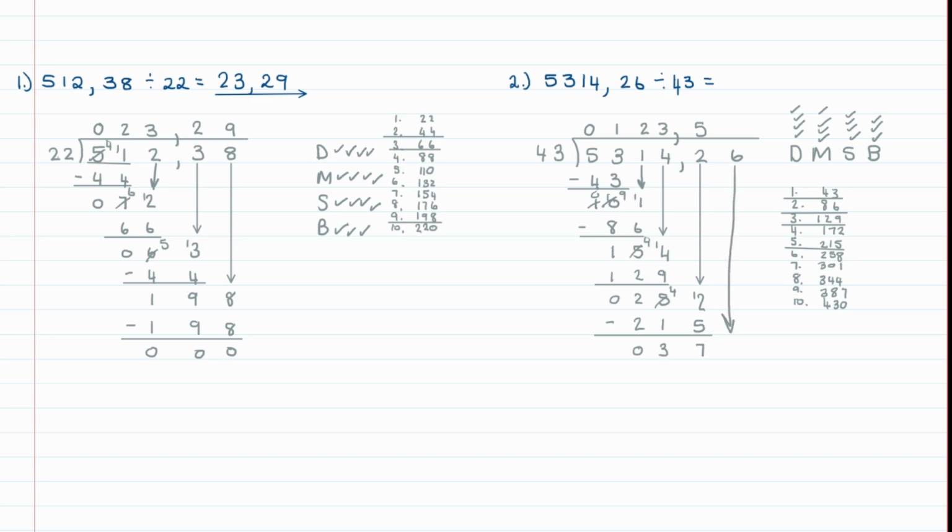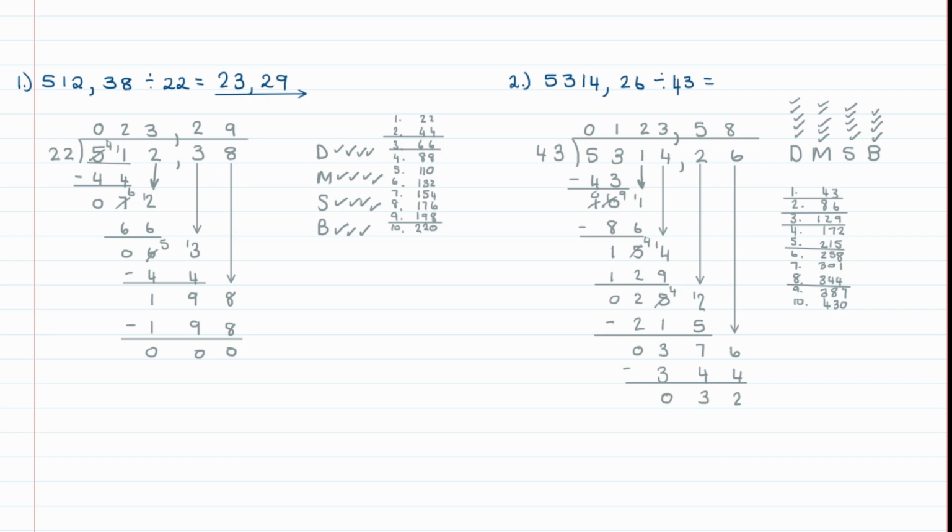I now bring down the 6 and have 376 divided by 43. This gives me 8. 8 multiplied by 43 is 344, and 376 minus 344 gives me 32.